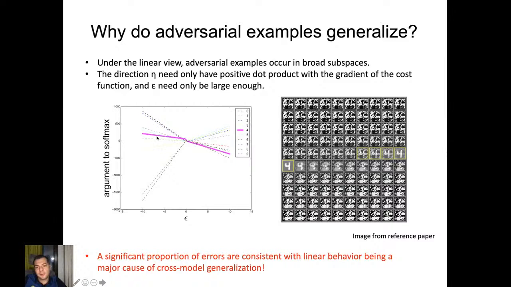If you look at the patterns here, they look like ReLUs with, I don't know, various slopes that are combined together. So the models are generally linear with respect to the magnitude of the noise.